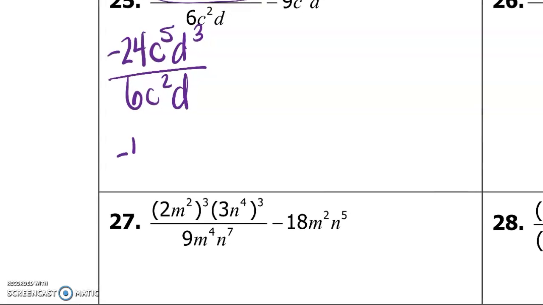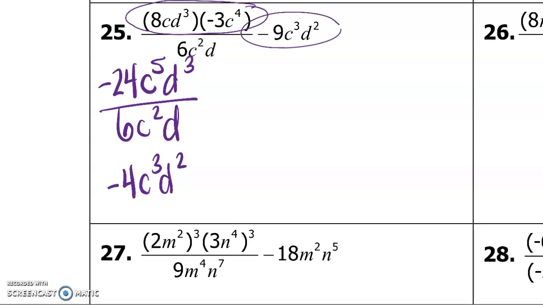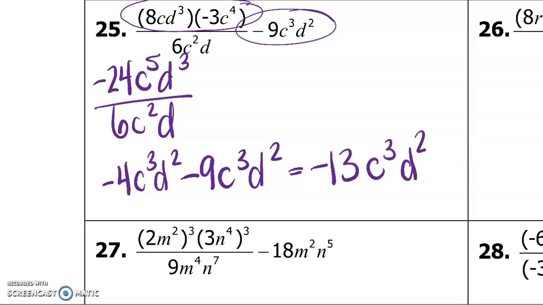So this would give us negative 4c to the 3rd d squared. Now you can see that that matches the subtraction there. So now bring down minus 9c to the 3rd d squared. So we have negative 13c to the 3rd d squared. Remember, when you add or subtract, you do not change your exponents.